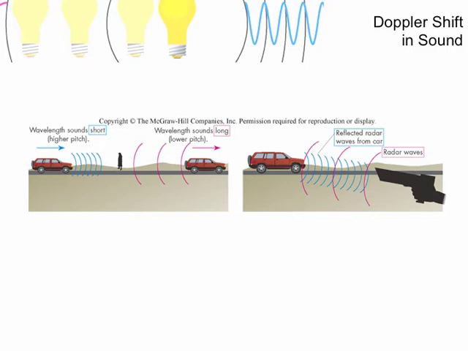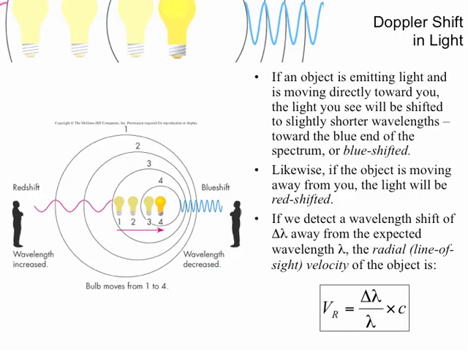But after it passes you and it's now traveling away from you, its pitch sounds lower. Light does a similar thing. If it's moving towards you, its frequency is higher. If it's moving away from you, its frequency is lower.